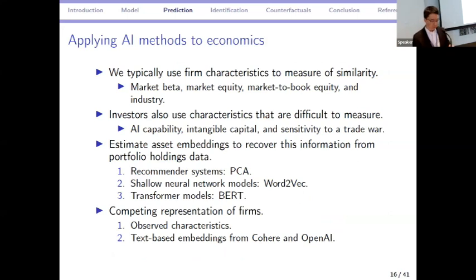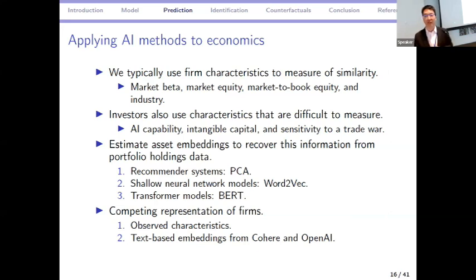So we want to compare which firms are similar or not similar. And we typically use characteristics in economics to do that, right? So firms with similar profitability or in the same industry are similar. But observed characteristics have limited explanatory power, as we know, for both prices and credit spreads and so on.